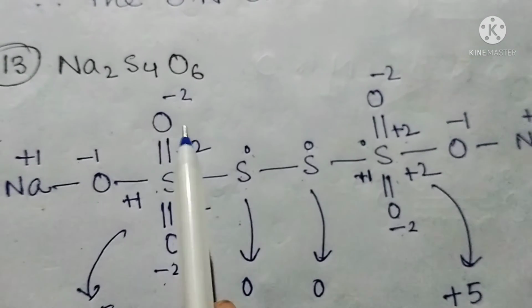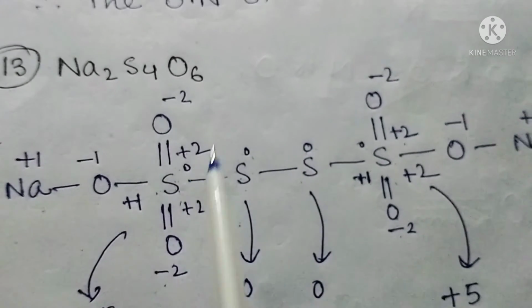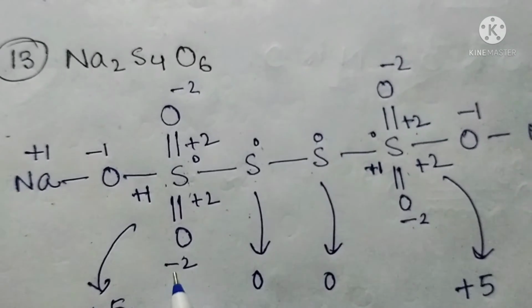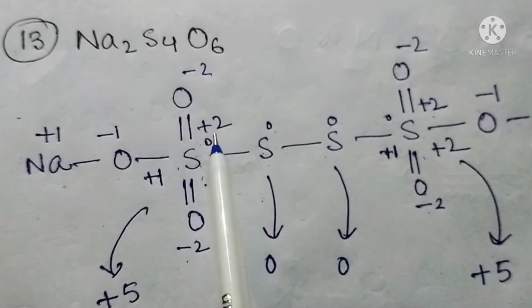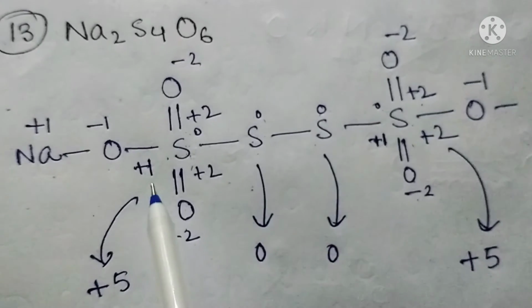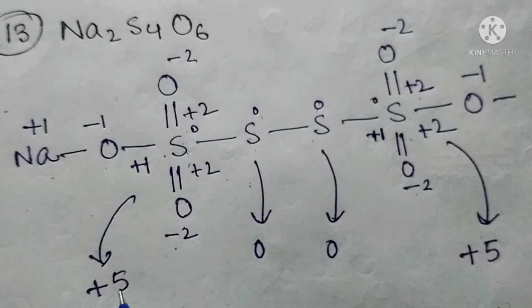For this double bond we get here -2 and here we get +2. Similarly here we get -2 and here we get +2. So we get total +2, +2, +1 equal to +5. So this is the oxidation number of sulfur is +5.